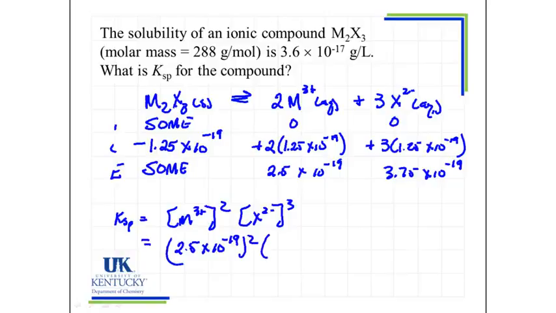For the non-metal, we put 3.75 times 10 to the minus 19, and that is cubed. When you plug these into your calculator and obtain a value, you will get 3.3 times 10 to the minus 93. So that's an absurdly small KSP value for this hypothetical ionic compound.